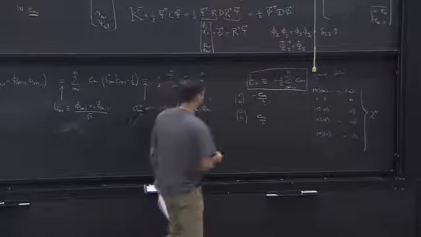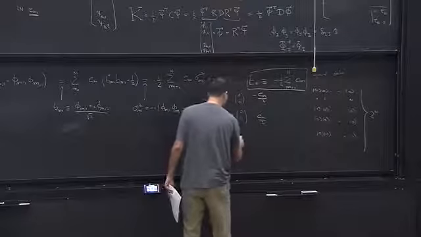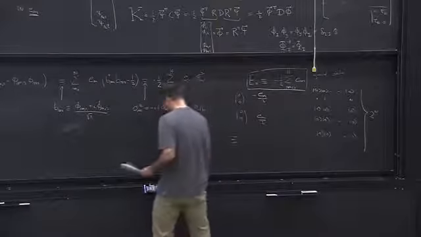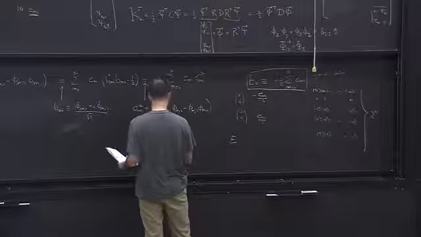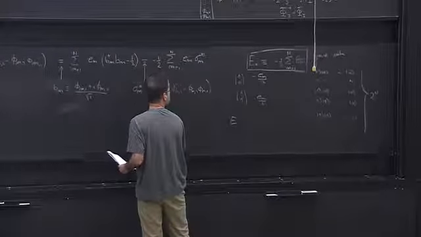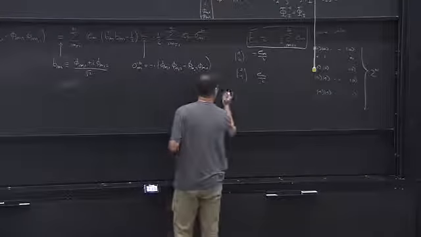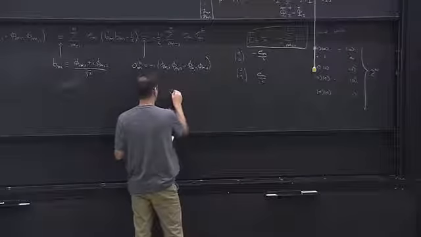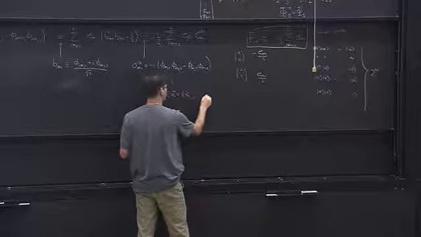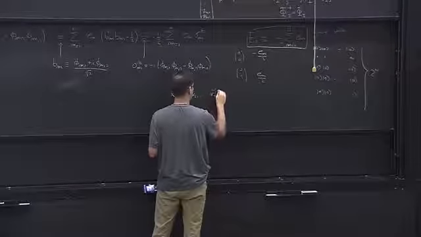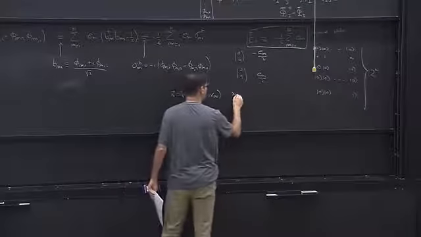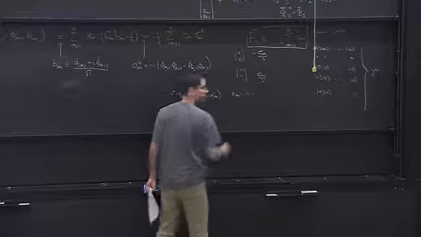What we're going to do is define some vector x, which will have n components, where each of these x_n could be 0 or 1.